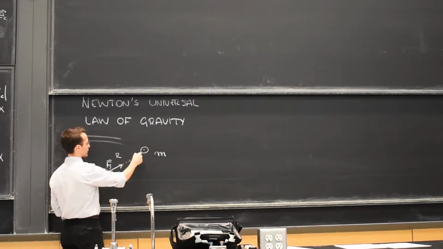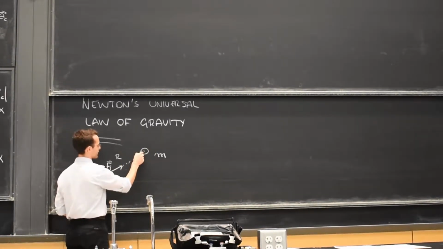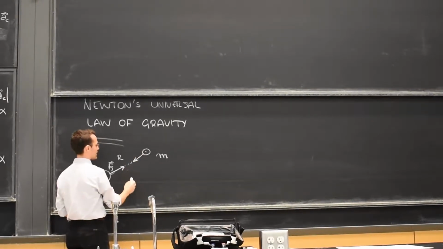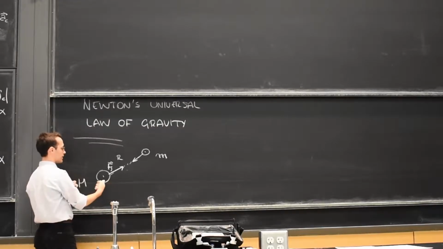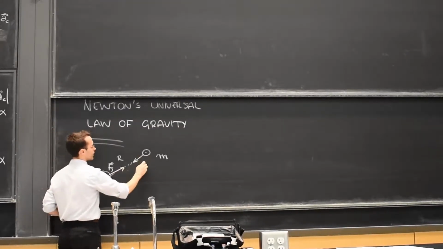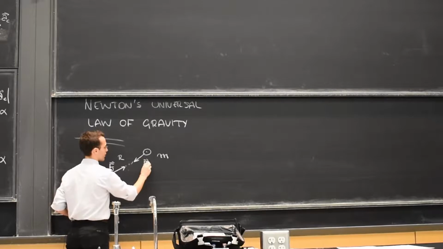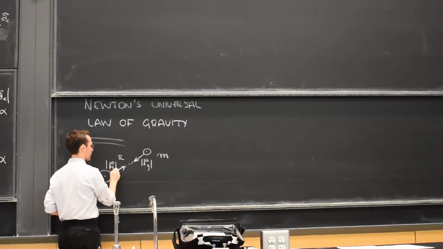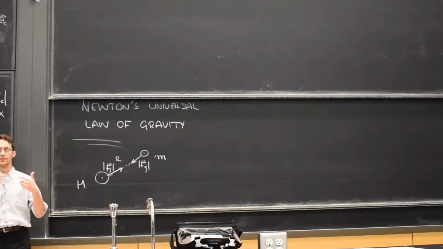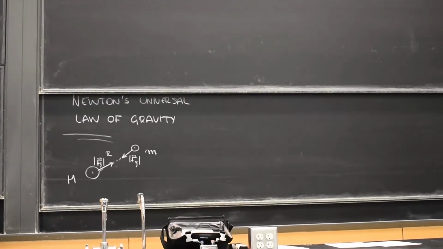Which here is where I put on the magnitude signs because they are in opposite directions, so they will be negative.